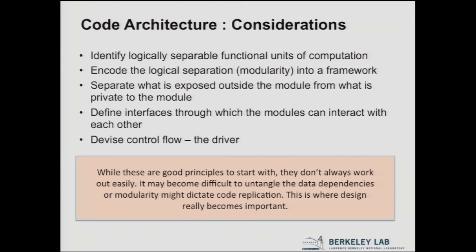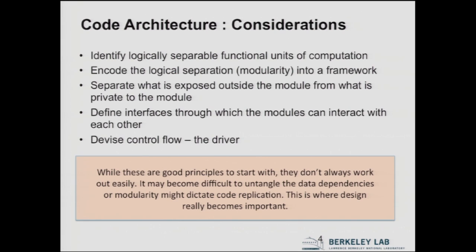Then you separate what is exposed outside, and all of this is basically your object-oriented programming concepts in some sense, but it's useful to reiterate them, because even if you are doing your programming in a non-object-oriented language like Fortran, even though it tries to be, it isn't quite object-oriented, it is worthwhile imposing this discipline on top of your program, irrespective of the language of use. You should define the interfaces through which the modules can interact with each other, and then you have to devise the control flow, which is basically the driver of your application.